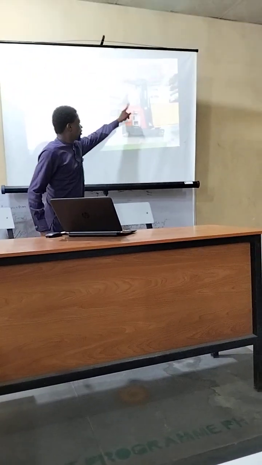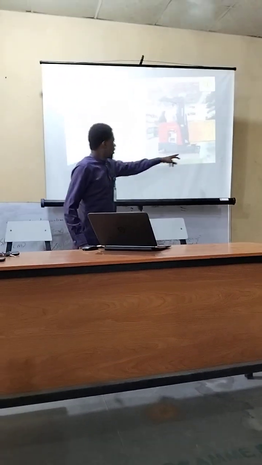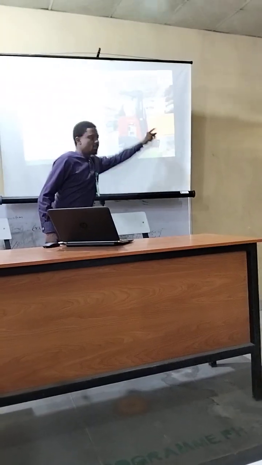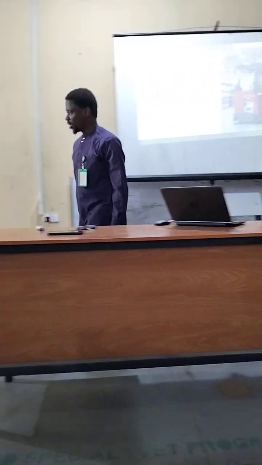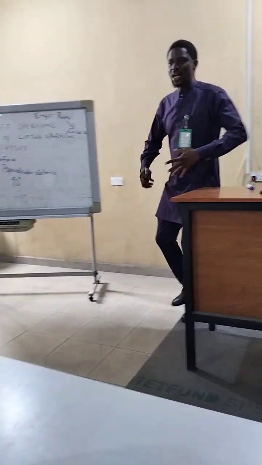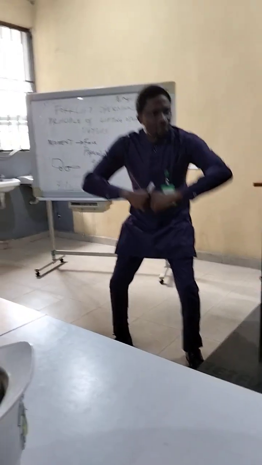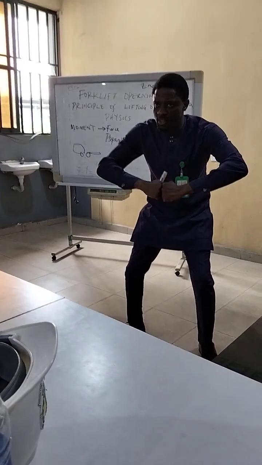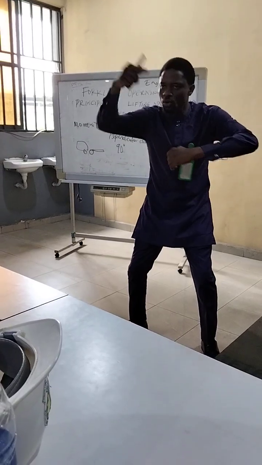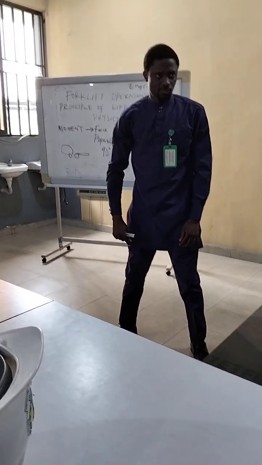This is the counterweight, this is the front tire, that is the fork. The essence of the counterweight is giving you the opportunity to carry enough load at the front.